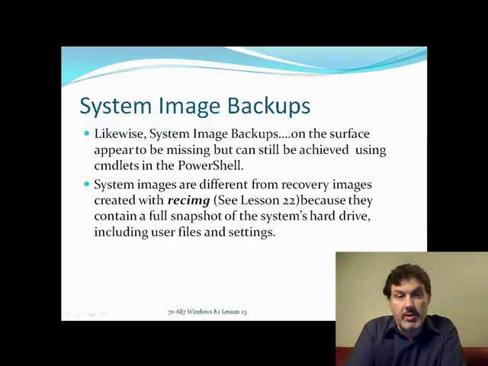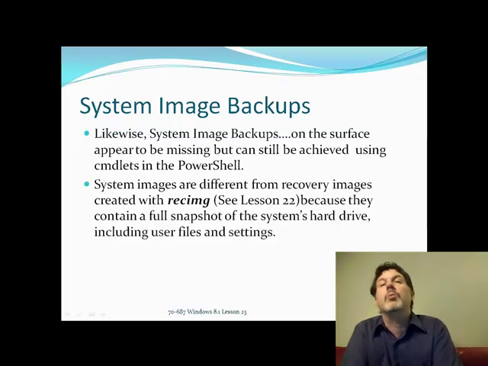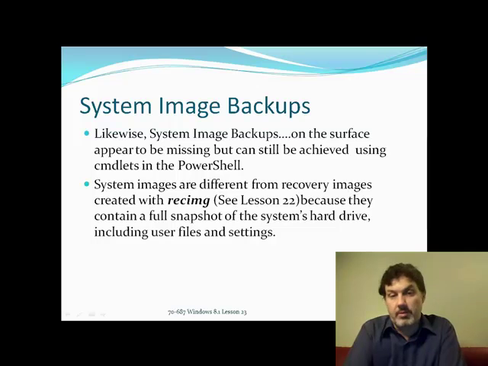So before I show you how to do that, I do want to clarify something right off the bat, and that is system images are different from recovery images. We talked about recovery images, creating those with the recimg command in the last lesson, but a system image really contains a complete full snapshot of the system's hard drive, including the user's files and settings. So big difference between the recimg image and a system image.